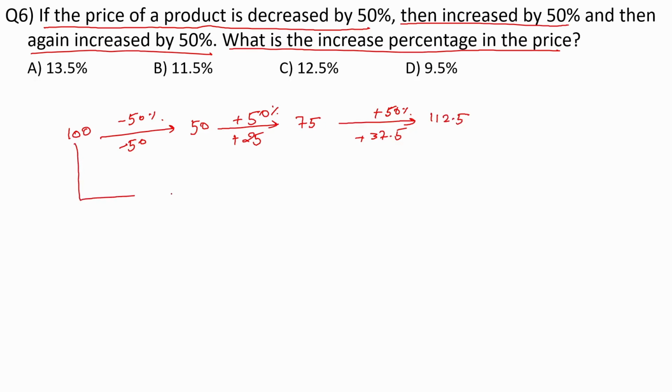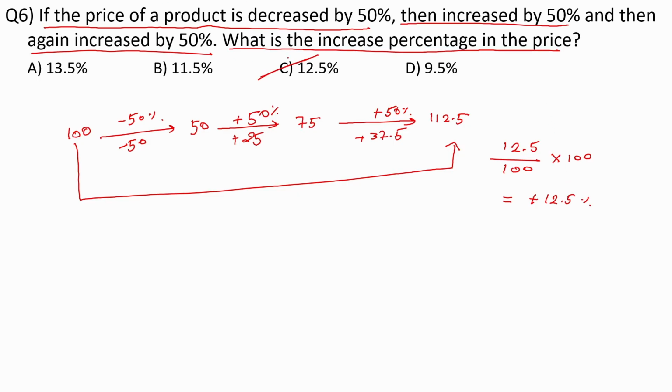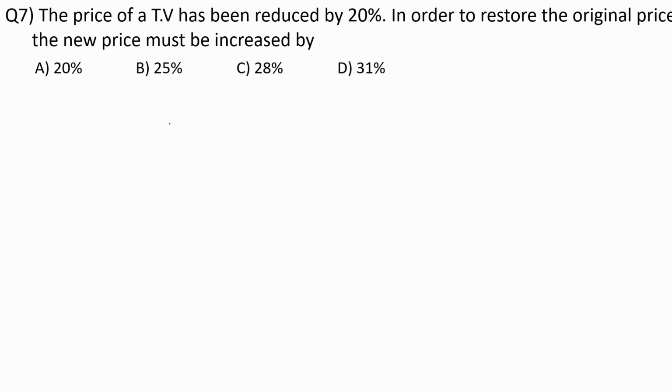So the change is going to be 12.5 upon the initial value 100 into 100. So there is an increase of 12.5%. It is option C. I hope you are clear with this question as well. Let's go to the next question.